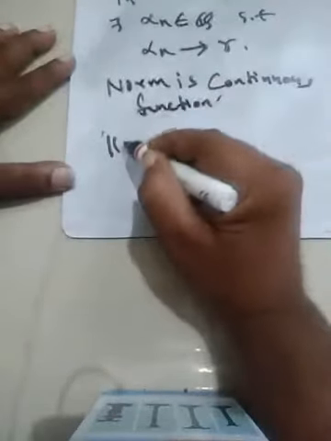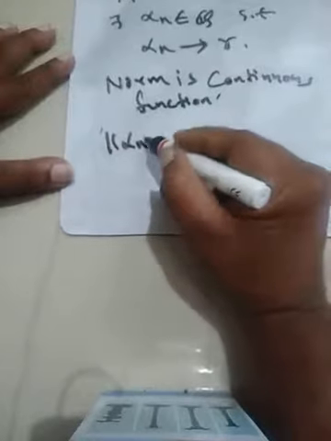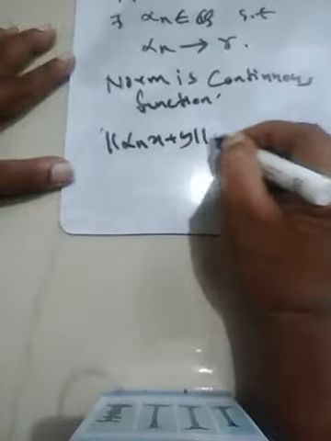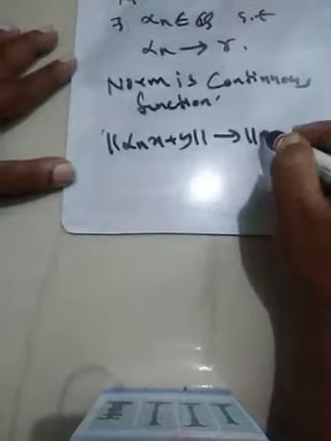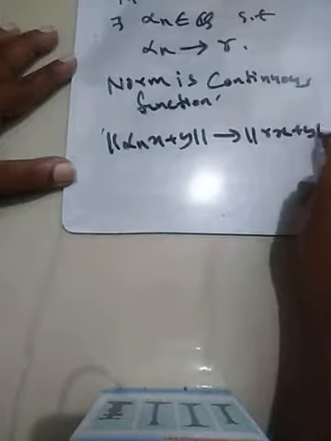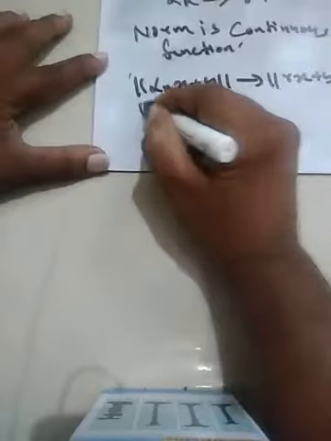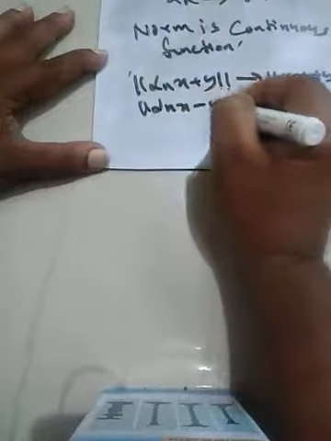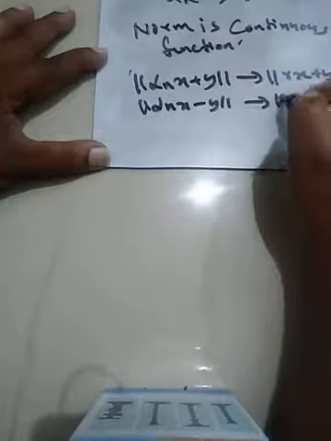That would clearly imply that norm of alpha n x plus y would converge to norm of rx plus y. Norm of alpha n x minus y would converge to norm of rx minus y.